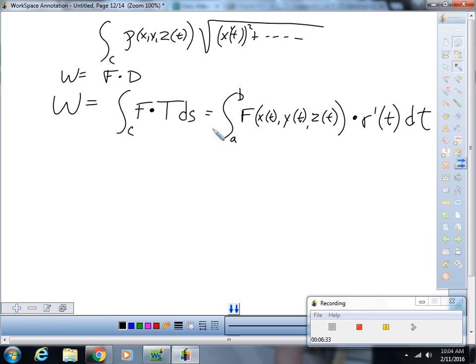It's literally like a trick. Okay? And I'm going to see how much force is in the y direction, and I'm going to see how much force is in the z direction. And again, the reason I'm doing the derivative is so that I can integrate it and add it up. It's just like finding the area under a curve.